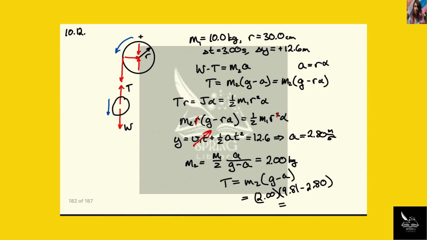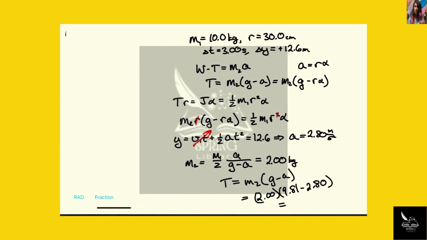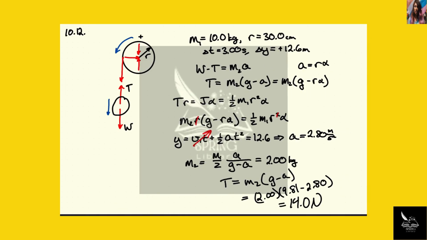Let's do the math on our scratch pad: 2.0 times 9.81 minus 2.80, and that is about 14 newtons. So there we go, that's the tension in the cable: 14 newtons.